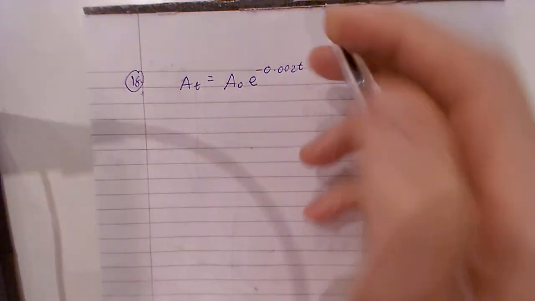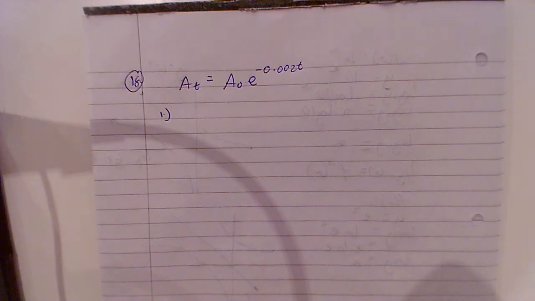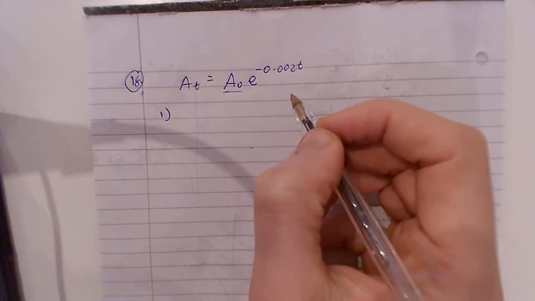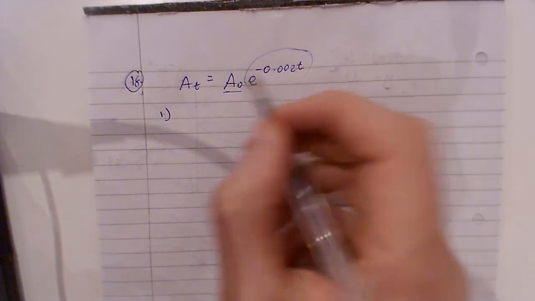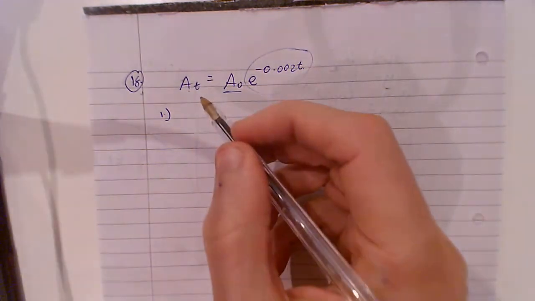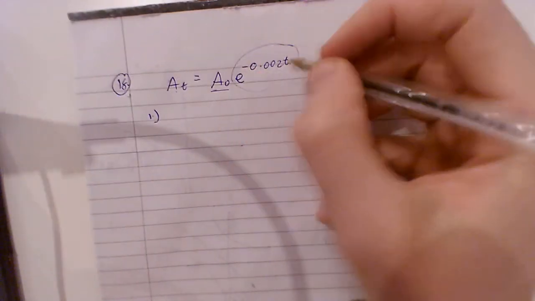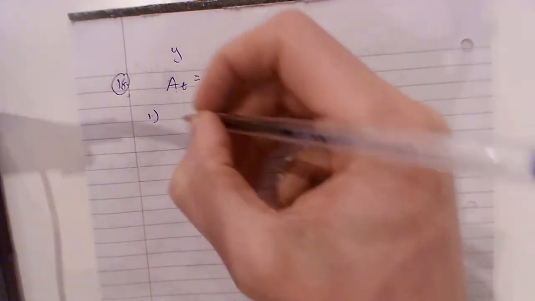How many micrograms were present initially? When we're looking at this question, we're hearing micrograms and all this stuff, but we're not trying to get our head around that. All we know is that this is the start, this is time, and this is at any given point. A(t) is our y value, and that's our x value, if we're looking at a graph.